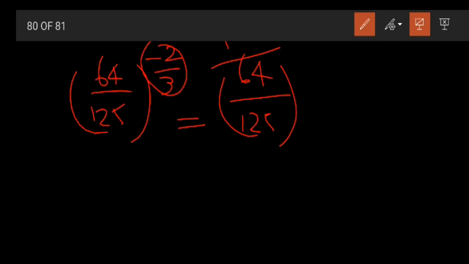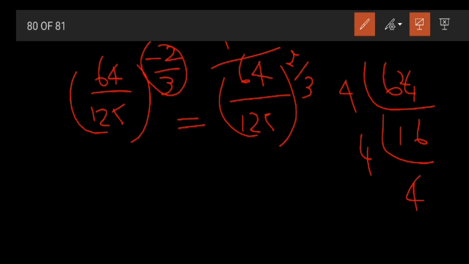So this is equal to 1 by 64 by 125 to the power 2 by 3. Okay, now we'll factorize 64. With 4, 1 4 is 4, then 6 4s are 24. Again with 4, so 64 is 4 cube.